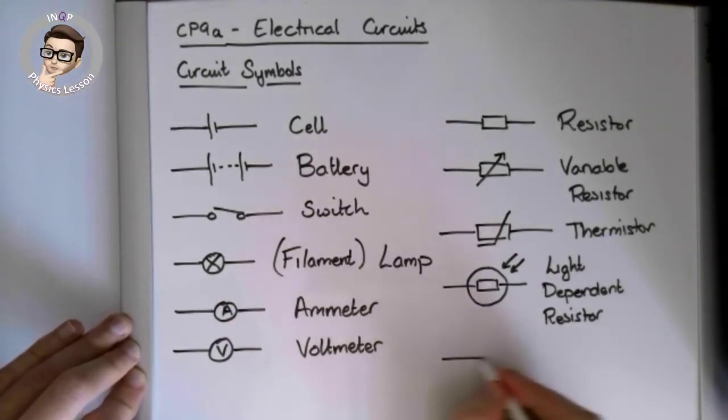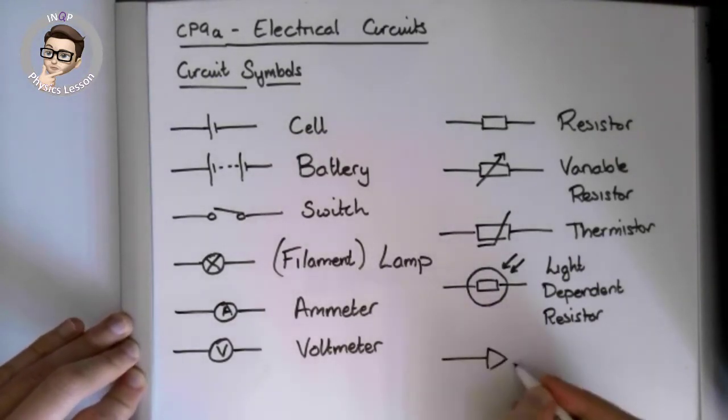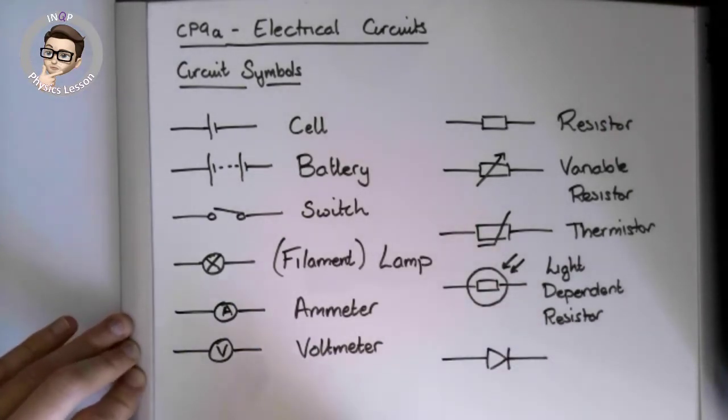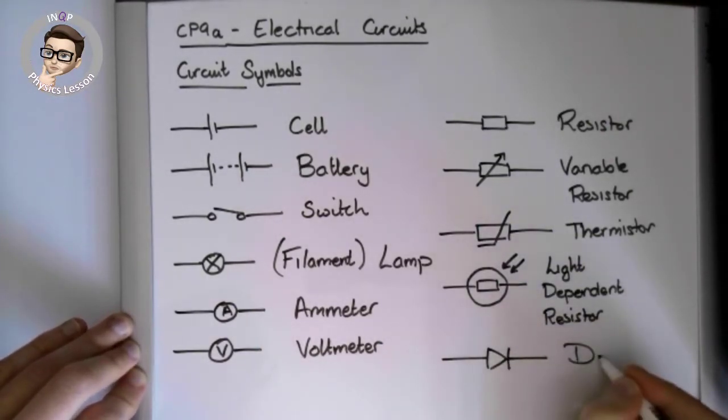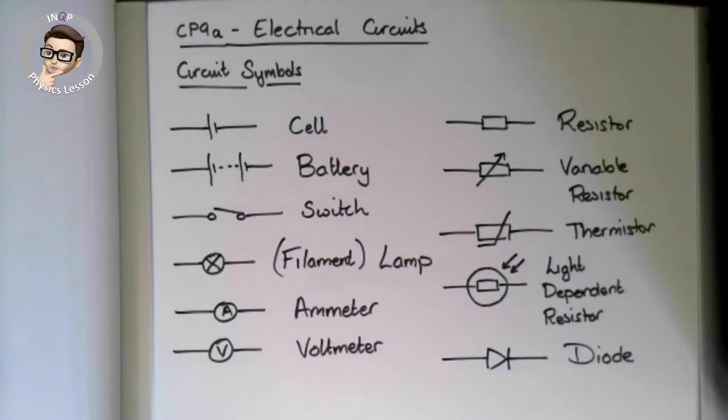The final one you need to know is a triangle with a bar on it, and this is called a diode. Diodes are really important. You might have heard of diodes before because your mobile phones probably have lots of LEDs, light emitting diodes. Really important to learn these, so make sure you go away and learn these, please.